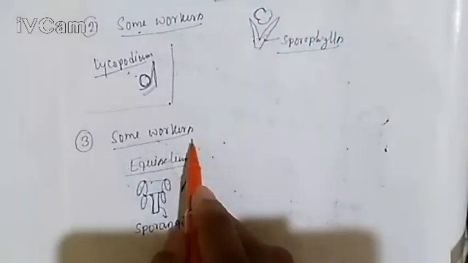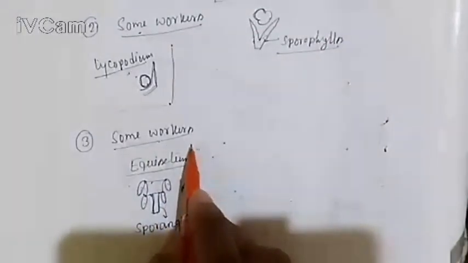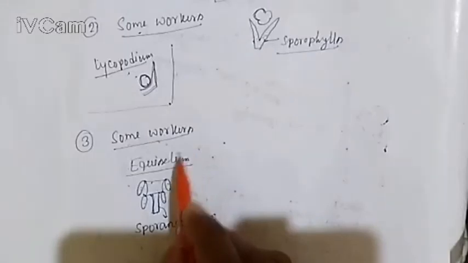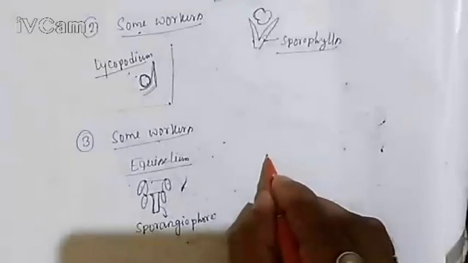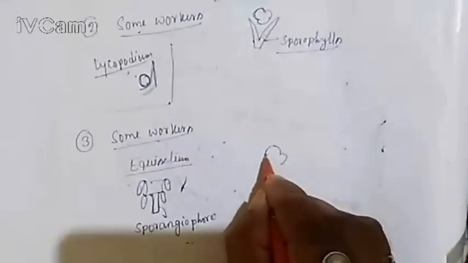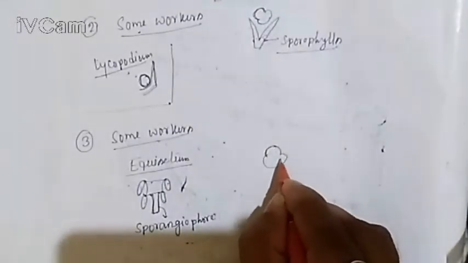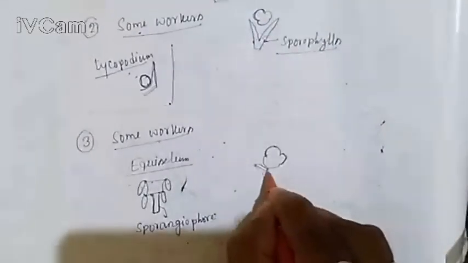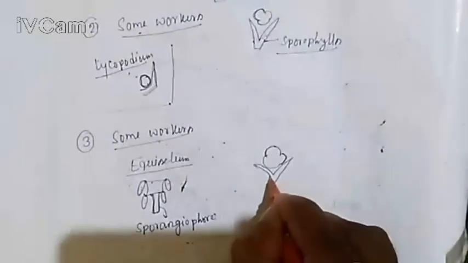Now I compare it with Psilotum. Actually, it is compared by some workers. Some workers state that the structure of the Equisetum sporangiophore is similar to Psilotum, because in this structure this is trilobed, and here are the bifork appendages.